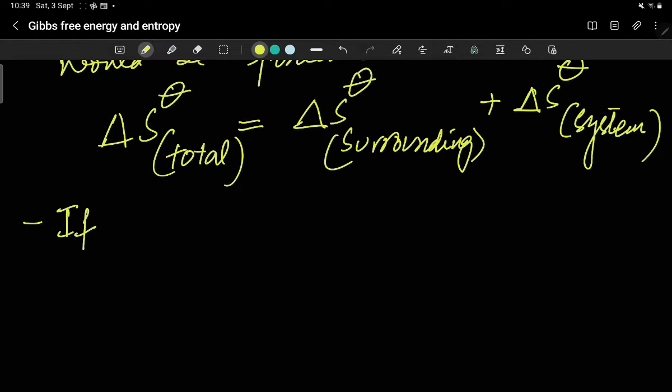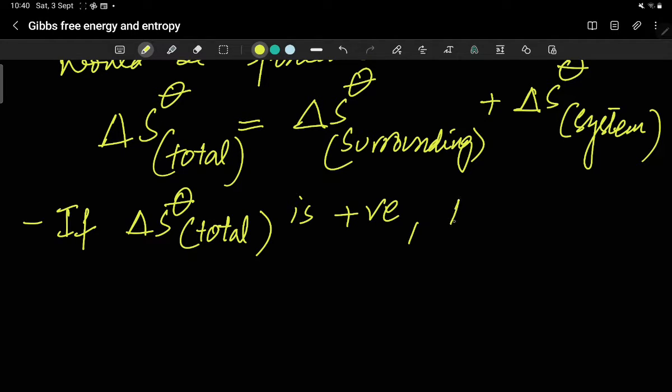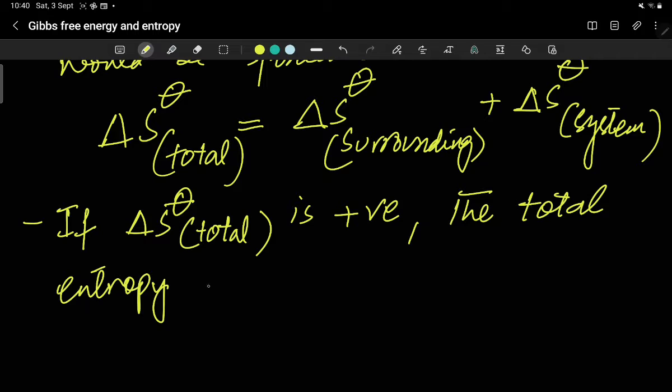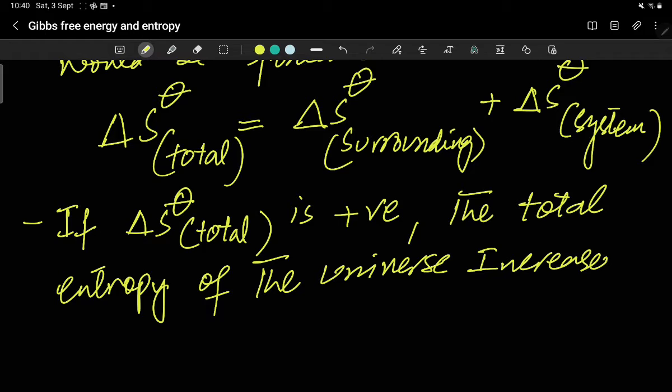So I will write down: if delta S total is positive, the total entropy of the universe increases and the reaction is spontaneous.